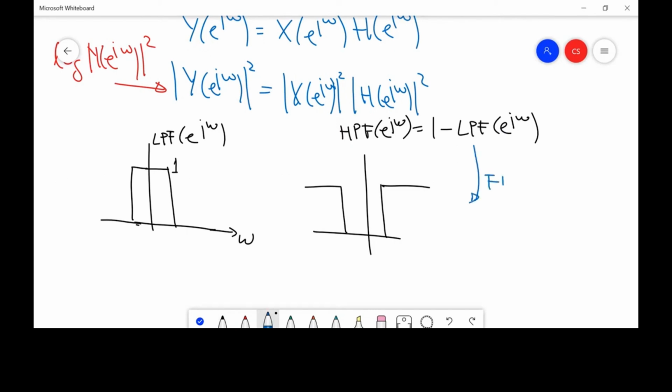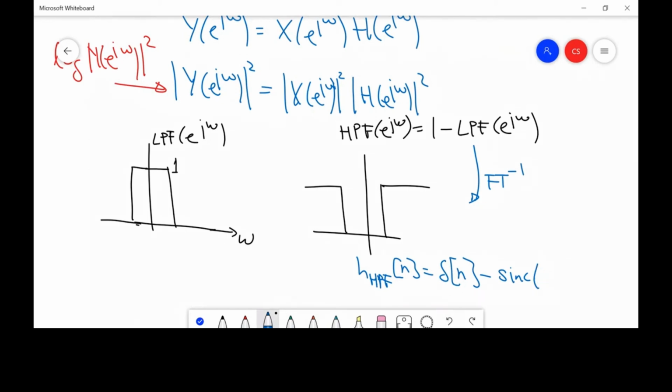Okay, so now let's do the inverse Fourier transform of this. We do the inverse Fourier transform of this equation, and what we have is that the kernel of the high-pass filter as a function of n is the inverse Fourier transform of 1, that is delta of n, minus the inverse Fourier transform of the low-pass filter.